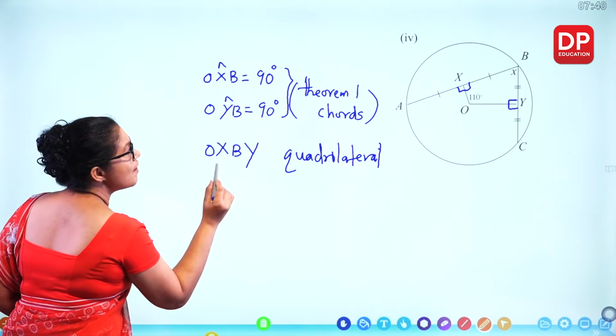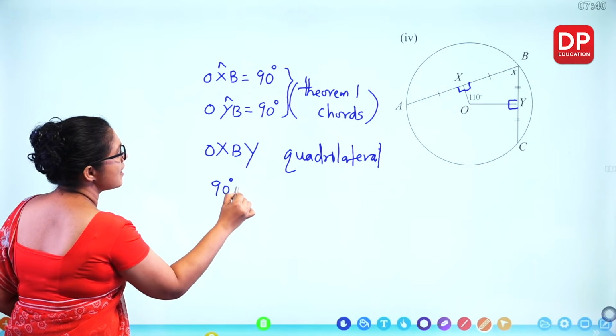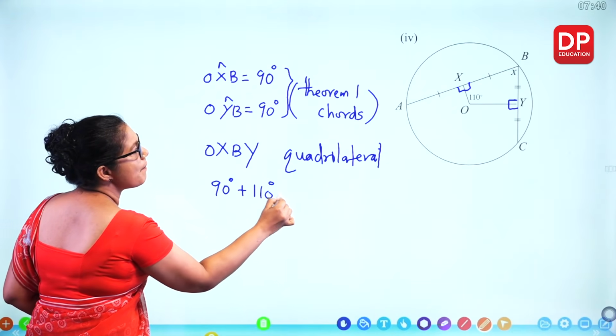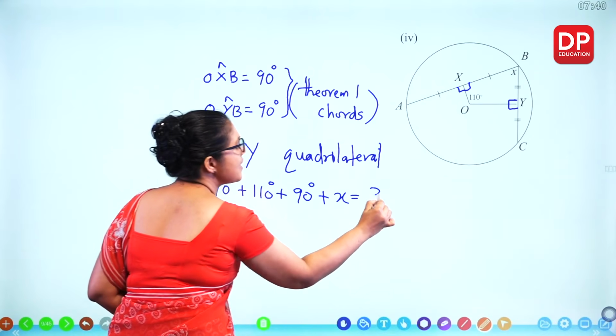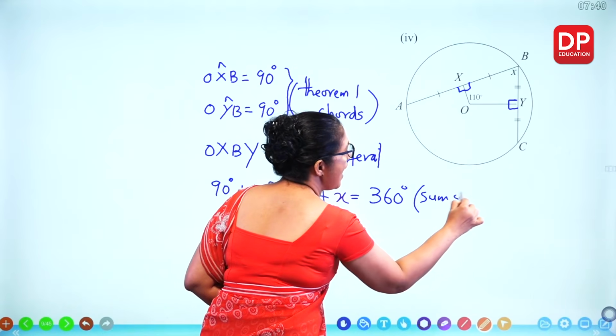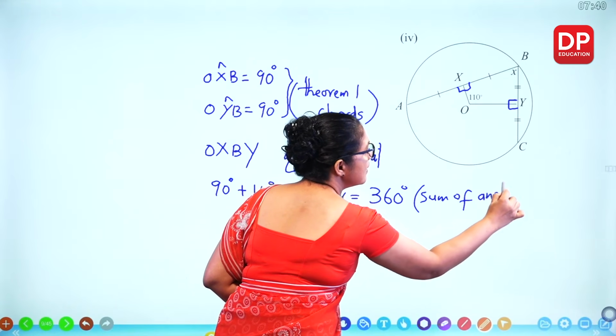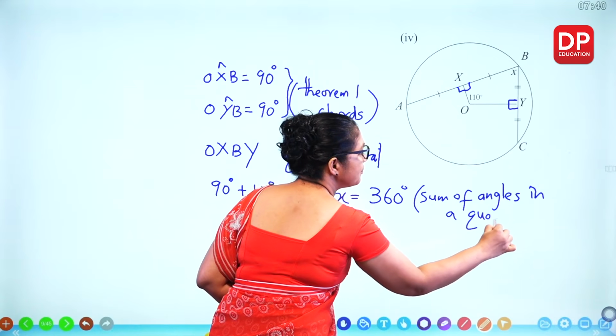So here we can write 90 plus 110 plus another 90 plus x becomes 360. That's the sum of angles in a quadrilateral.